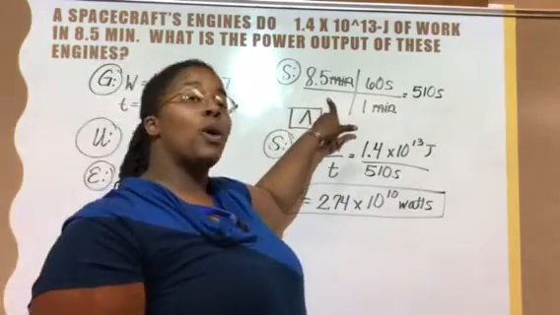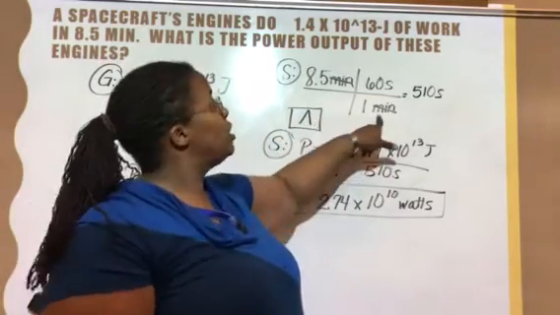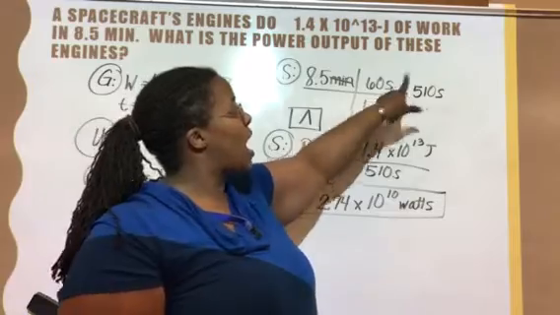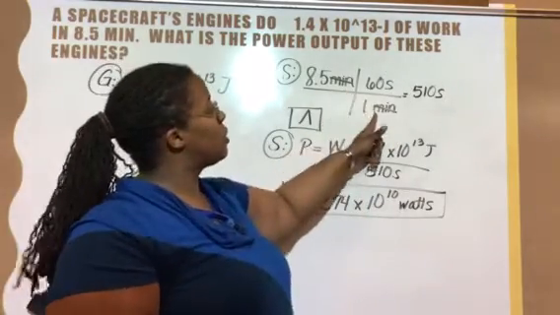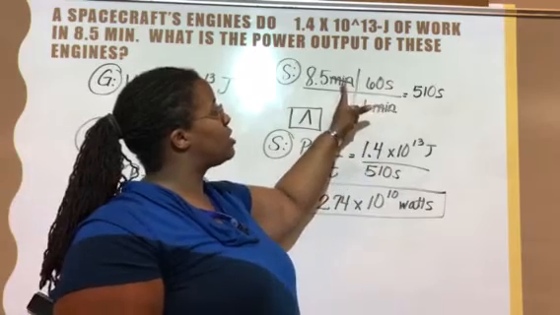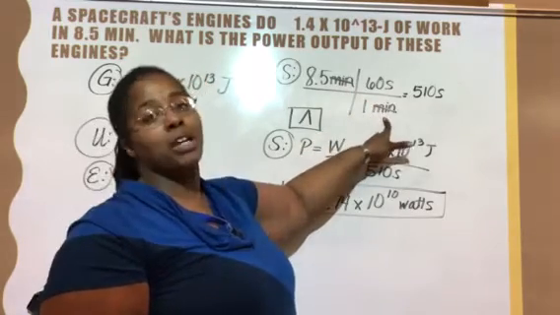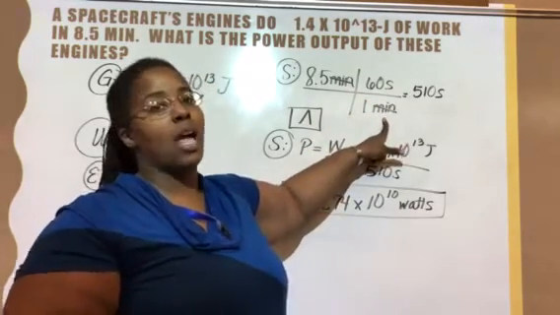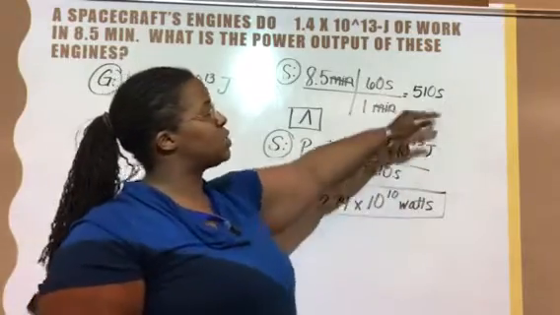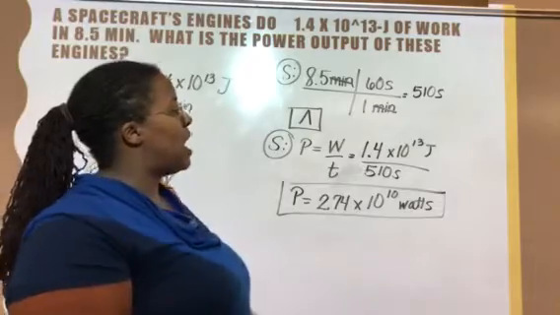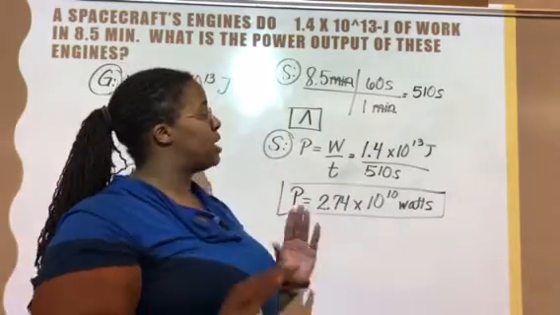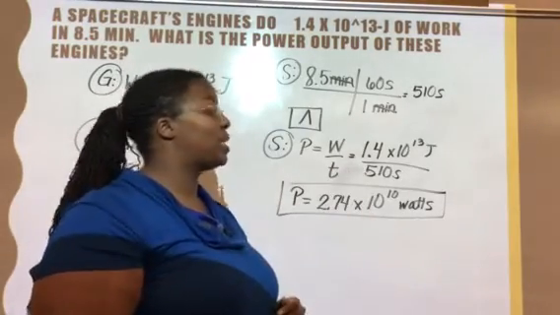We started with 8.5 minutes, and we know that 1 minute has or contains 60 seconds. You want to make sure that whatever unit you're getting rid of, one is on the top and one will be on the bottom. That way they're able to cancel out. It left us with seconds, which gave us 510 seconds. We then wanted to divide 1.4 times 10 to the 13th by 510.